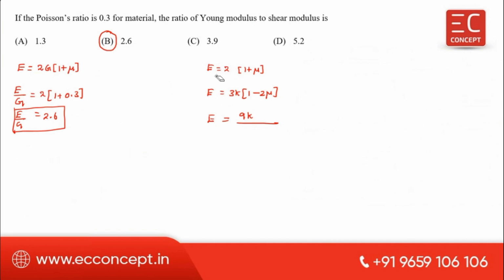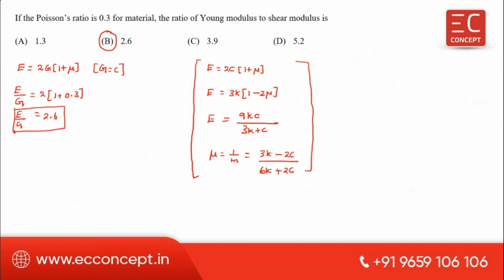Let us take this as C. The next one is mu, which is equal to 1 by m, is equal to (3K minus 2C) divided by (6K plus 2C). Here C or G, both are the same: G is equal to C. Both are representations of the shear modulus. So you have to keep these formulas in your mind. Very, very important.